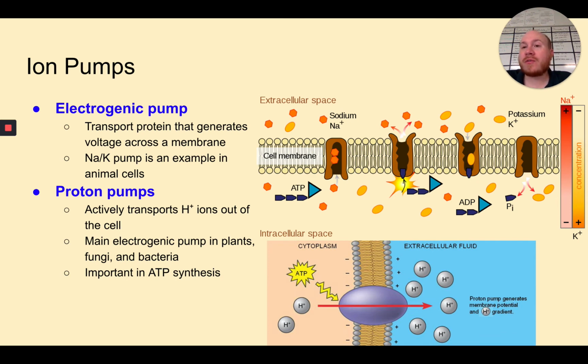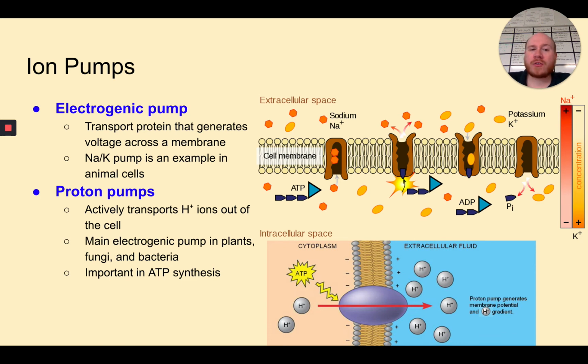And what it does is it slowly but surely builds up a charge inside and outside of the cell, where the inside is more negative than the outside is. And so this allows for ions to naturally want to move from negative to positive or positive to negative depending on their charge. Proton pumps actively transport hydrogen ions out of the cell. Think of a hydrogen ion as just being a proton in and of itself, okay?